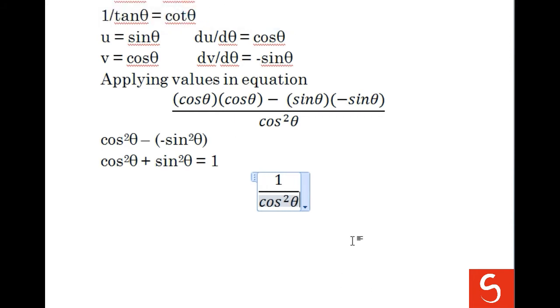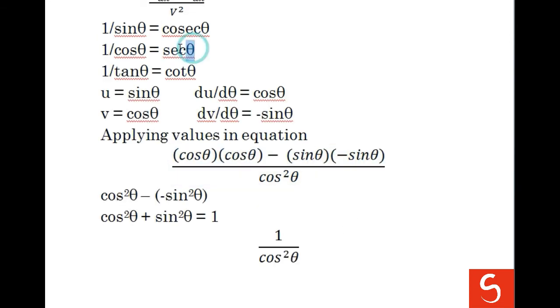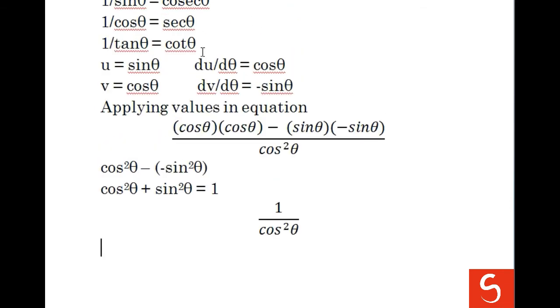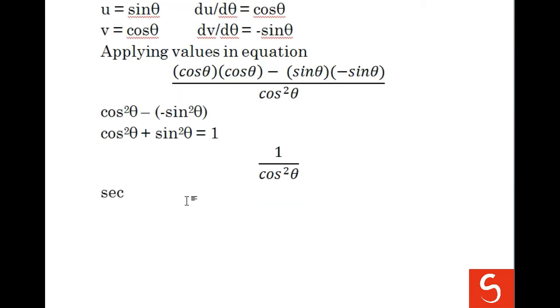From the reciprocal trig functions, we know that 1 over cos theta is sec theta. Therefore 1 over cos squared theta is 1 over cos theta multiplied by 1 over cos theta, which is sec theta times sec theta, giving sec squared theta.